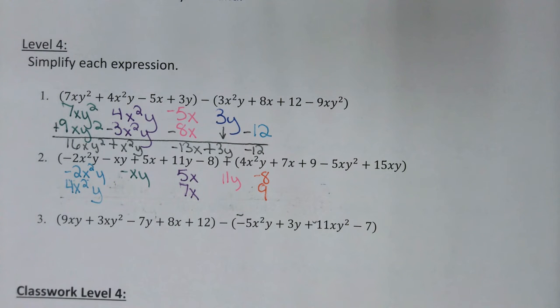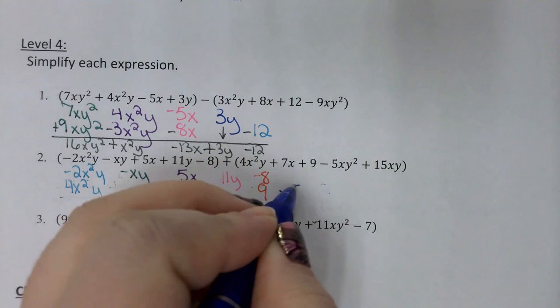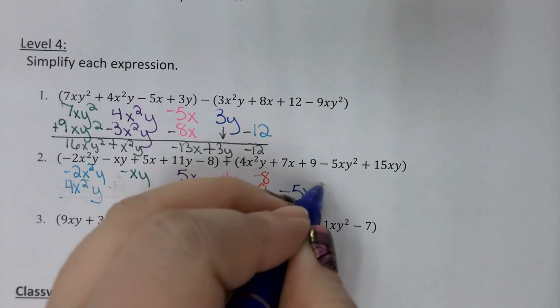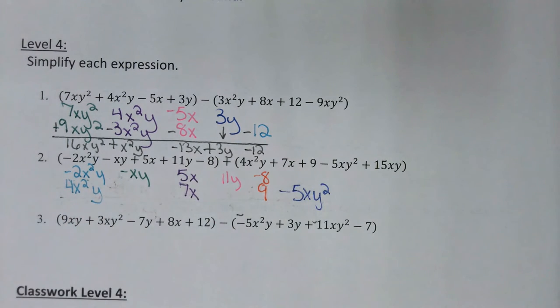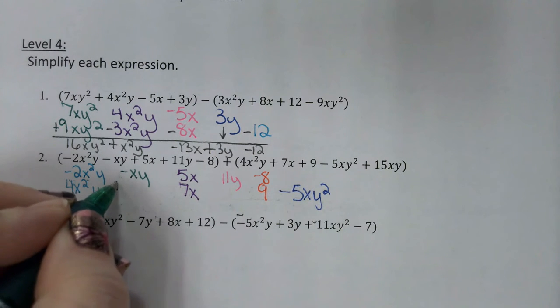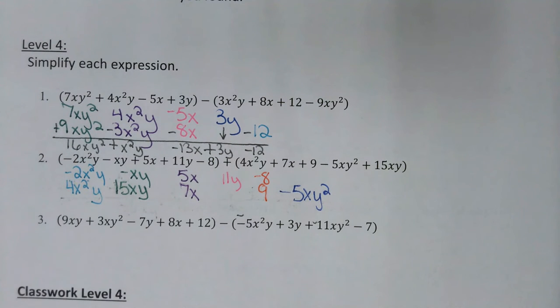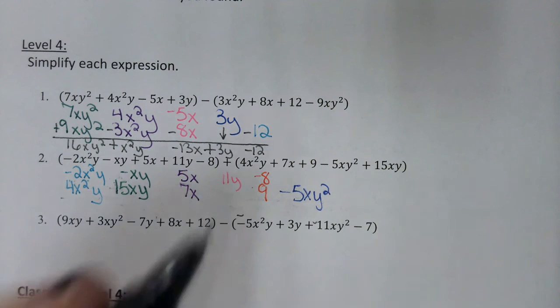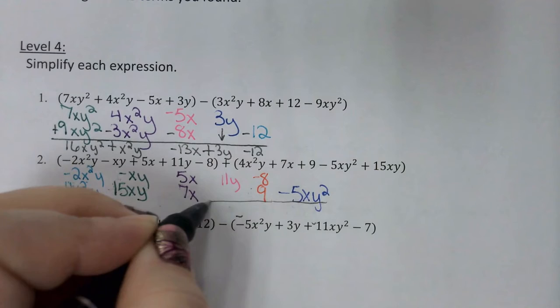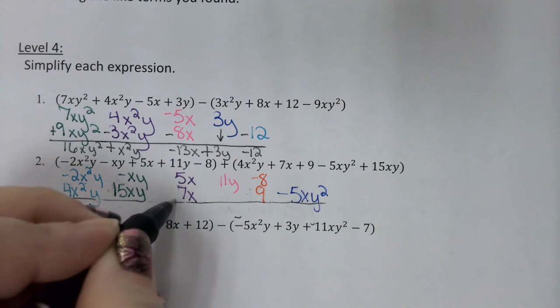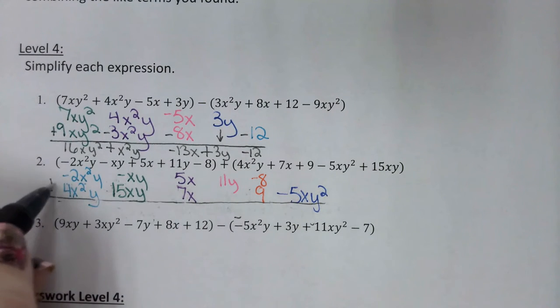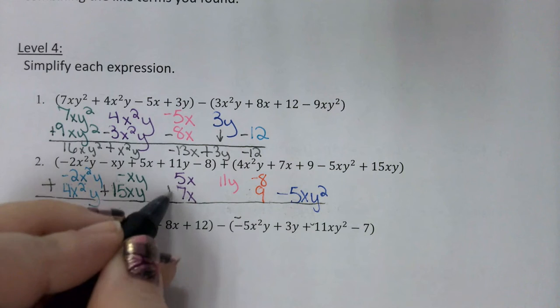Negative 5xy squared doesn't have a like term, so it'll need to be written in its own column. And then 15xy will go underneath the negative xy. We are adding these. That means that we need to put addition signs in front of each of the terms in our second polynomial.